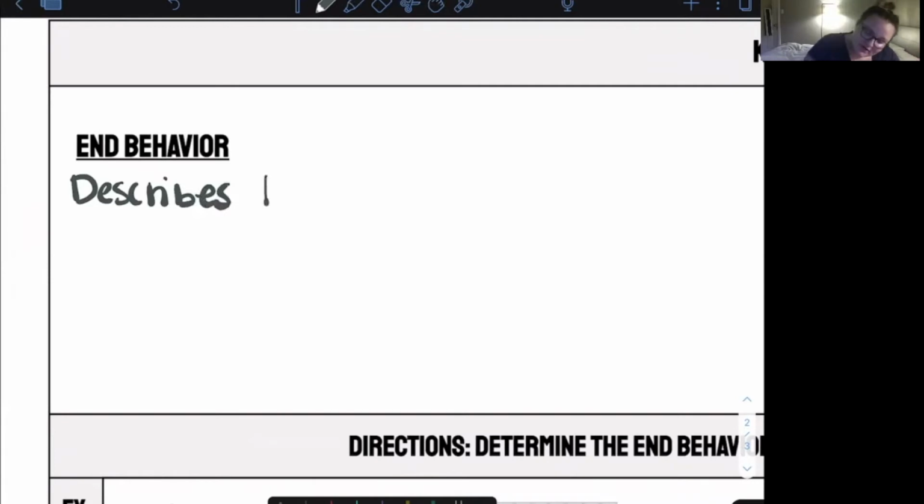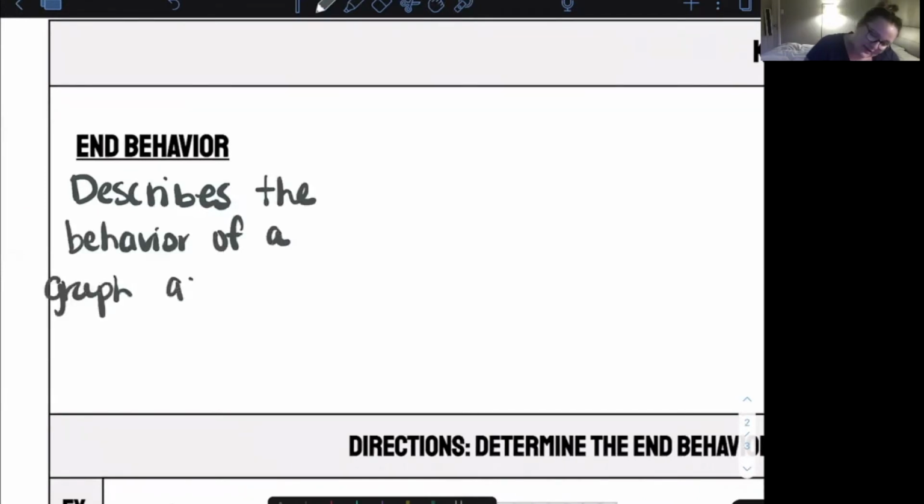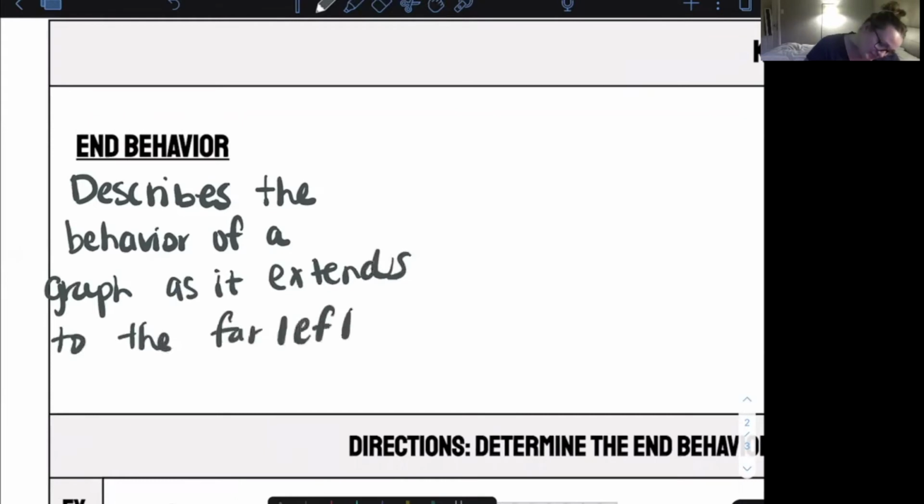So it describes the behavior of a graph as it extends to the far left and the far right.